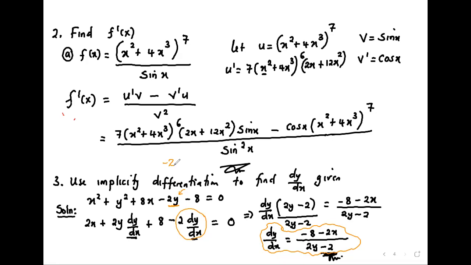But because the rule says when you differentiate the y part, you must multiply it by dy/dx, so now you multiply it by dy/dx. You see? That's why it's minus 2 dy/dx.